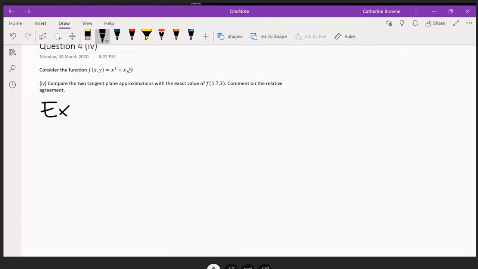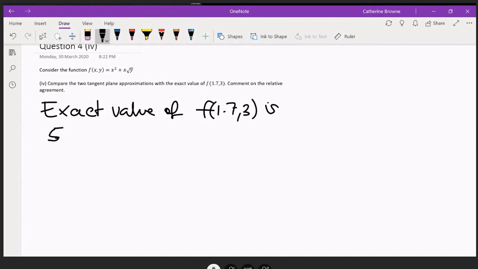So if I use a calculator and sub those numbers into my function, I get 5.83449.